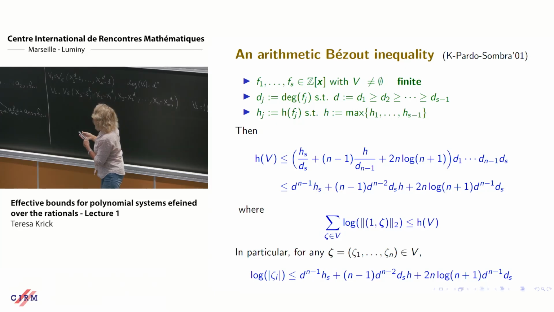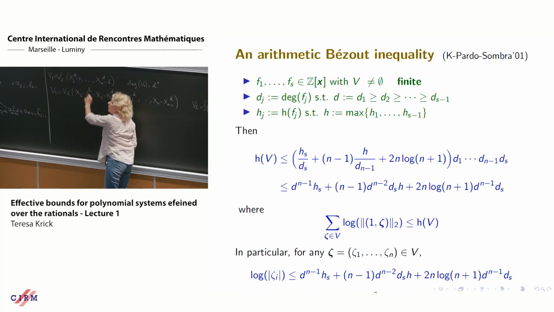So in this example, the sum of the logs of all the coordinates is bounded by the height of the variety. Every coordinate has height 0, but there are d to the n of them. So what does this give?